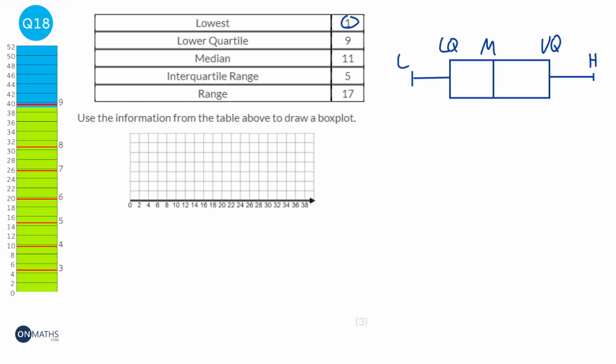So we're going to put a line at 1, and I'm just going to put that line there. Ooh, a little bit further to the right. There we go. And our lower quartile is 9, which is kind of where the box starts. So we're just going to start a box there. We're just going to connect these up. There we go. And our median is 11, so we're just going to show that.